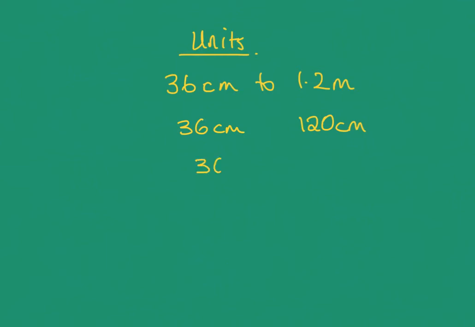So my ratio is 36 to 120, and I have to think about what number goes into both, and I know that 12, 24, 36, there's 3 12s in 36, so 12 goes into both of those. So when I divide by 12, I get 3 to 10, and that's my simplified ratio.